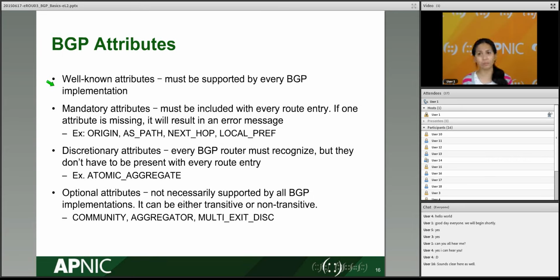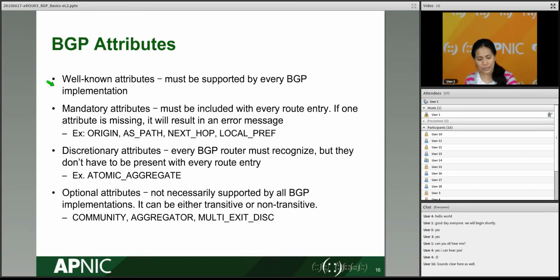Those are well-known mandatory attributes. We also have well-known discretionary attributes, which every BGP speaker should be able to recognize, but they don't have to be present with every route entry. But if a router receives a route announcement that contains those attributes, it should be able to recognize them and pass them forward.